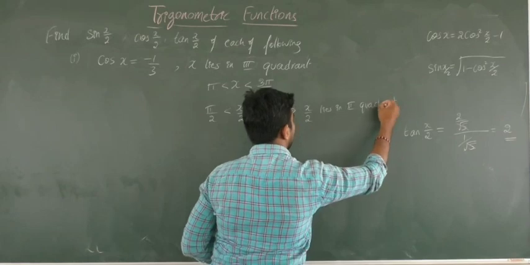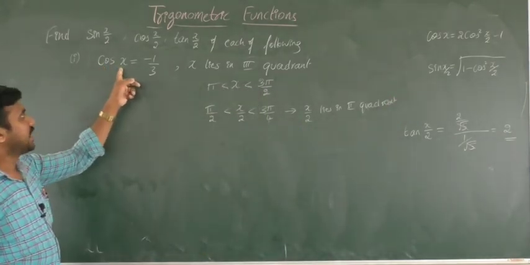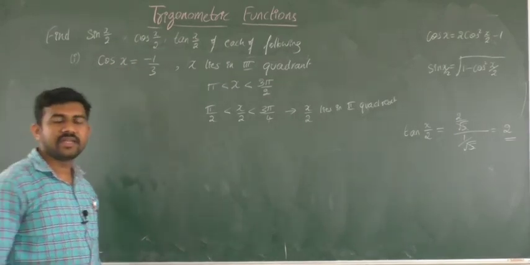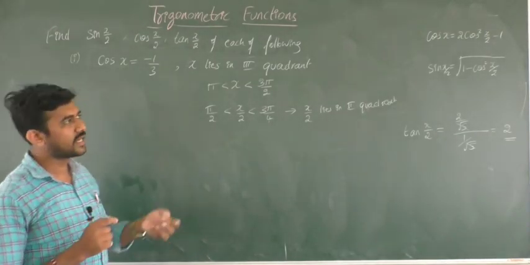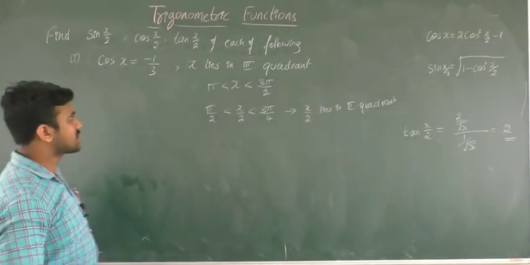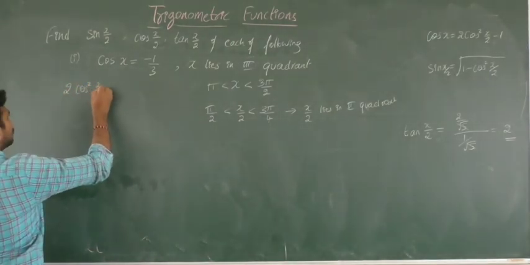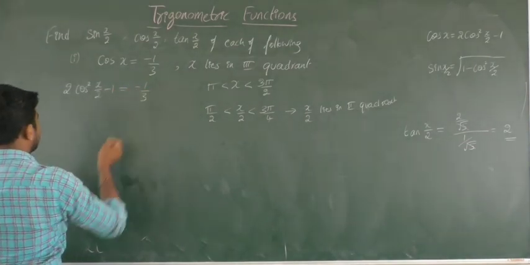Now see, cos x is equal to minus 1 by 3. They directly gave cos x, not tan x, so here it is very easy. Directly we can use the formula: cos x is equal to 2 cos square x by 2 minus 1, and this is equal to minus 1 by 3.